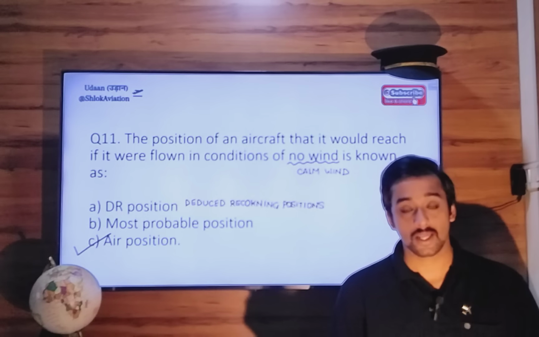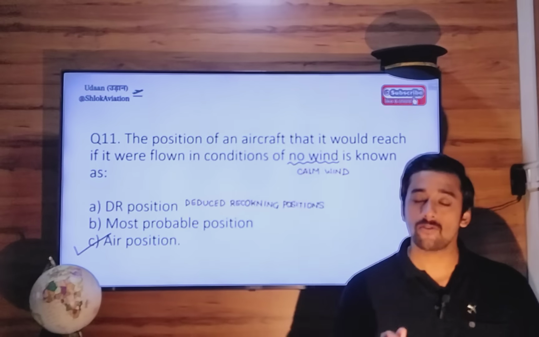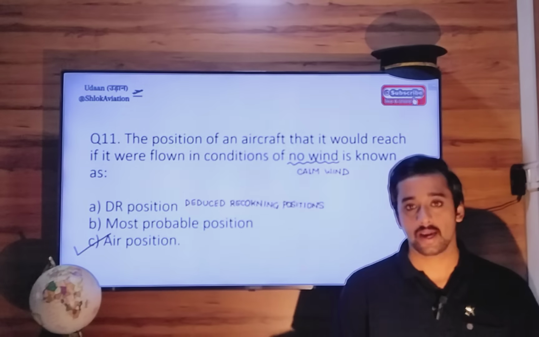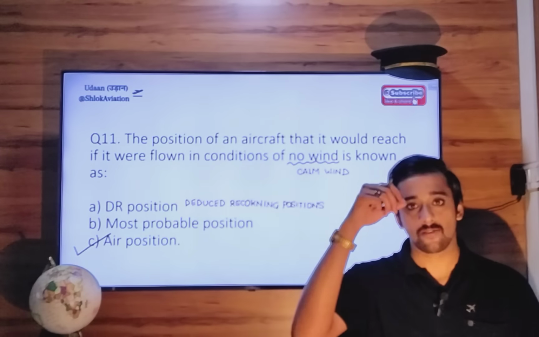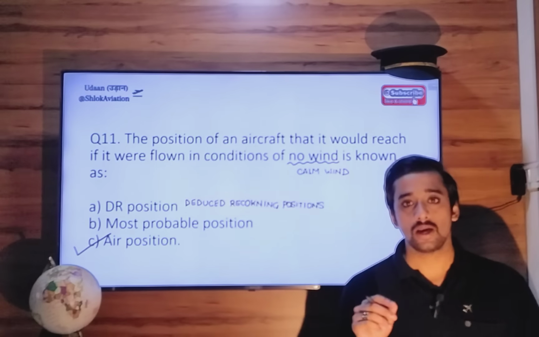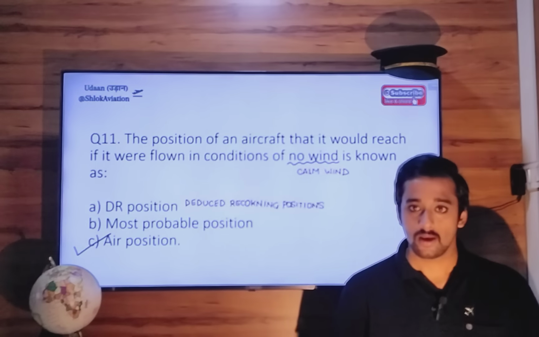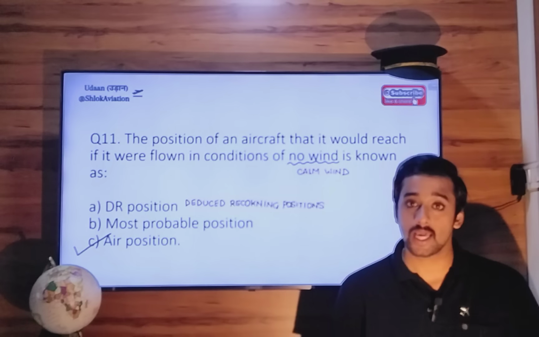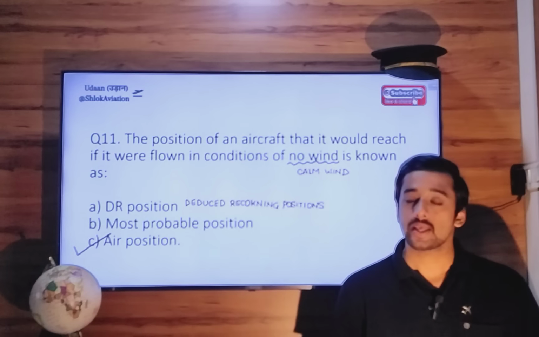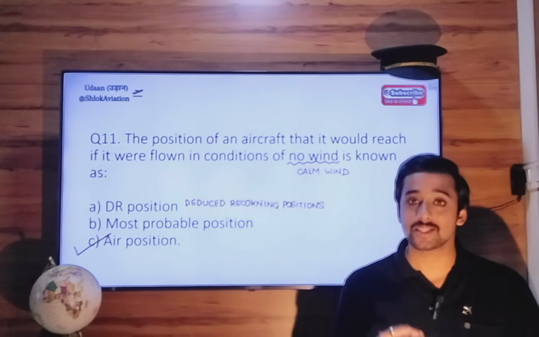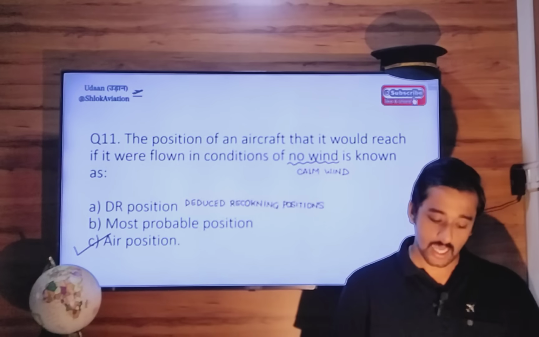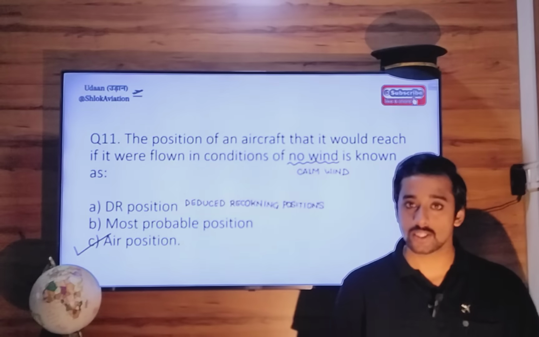In such scenarios, the ground position of your aircraft, the position of your aircraft in the air with respect to the ground, is called dead reckoning position. You may be flying in an air mass, but because of opposing headwinds or favorable tailwinds, crosswinds, the actual position that you will cover with respect to the ground will be different from the air position. So that is DR position or dead reckoning position.